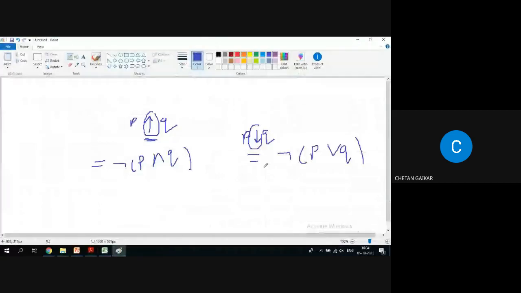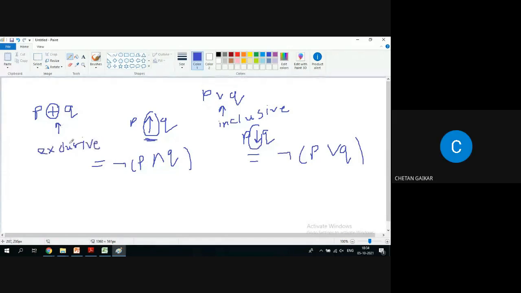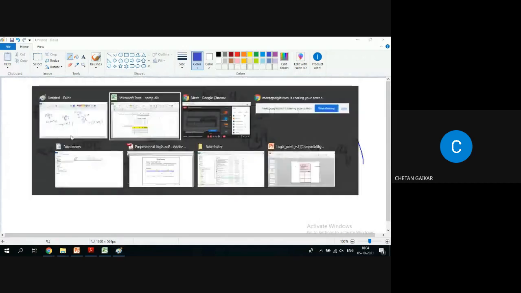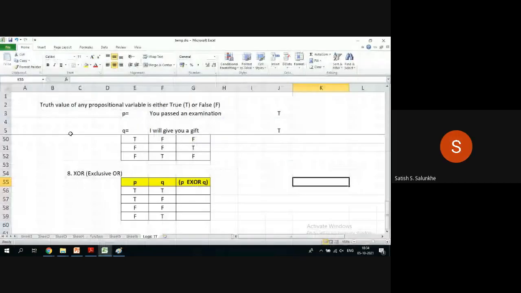Sir, this is shown symbolically like P exclusive OR Q. And normal OR is inclusive OR, and this is the exclusive OR notation. Now you continue, Chetan. If we give both inputs as zero, then we get output as zero.